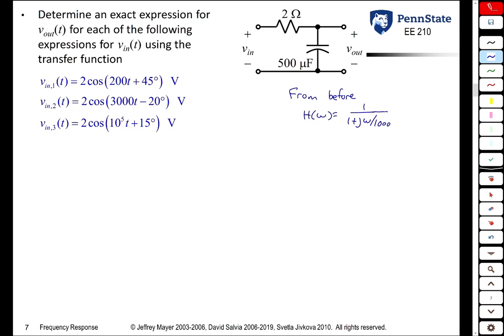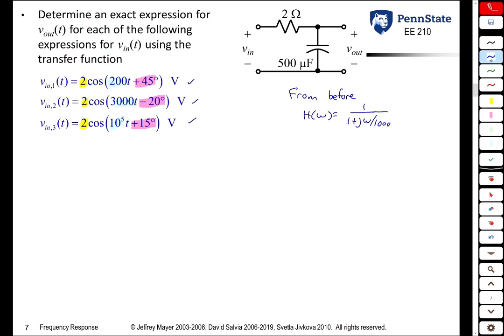Now we're asked to find the output for 3 specific inputs. Notice all 3 cases have the same amplitude. It doesn't have to, but in this example it does. All 3 cases have a different frequency of operation. And in this example, all 3 cases have different phases as well.